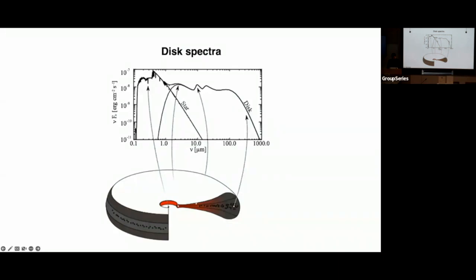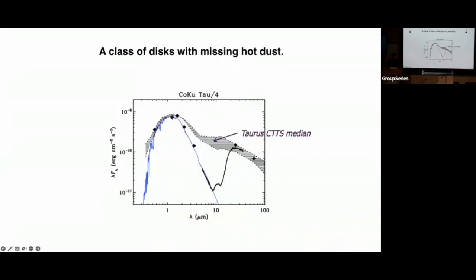It turns out that the spectrum of a transition disk is missing the hot dust. Right? It's missing the infrared. You have here the black body of the star. You have the millimeter excess, but it's missing all of this infrared excess, this near infrared excess that is seen in the classical T Tauri star, CTTS.